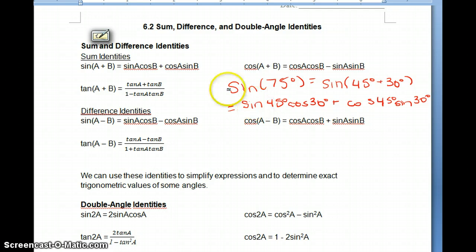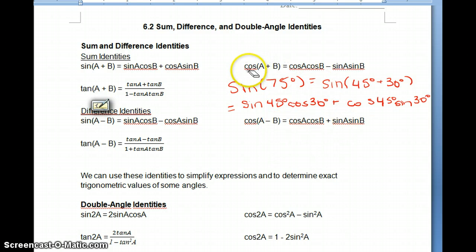The same kind of deal goes with the difference identities. Here is when you're going to have a difference of angles. You take two angles and take the difference of them. Just notice here is a subtract or negative sign. I'll just quickly erase that, I totally wrote over it. The other thing to notice is that even though it's cosine of a minus b, here we have an adding sign.